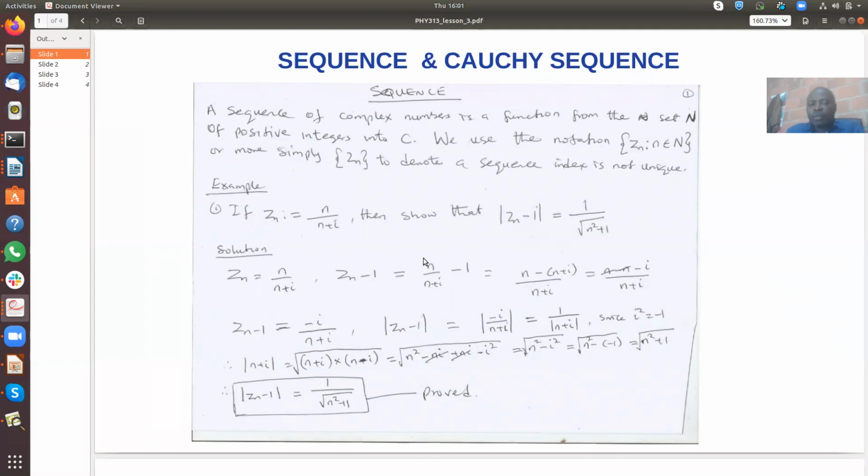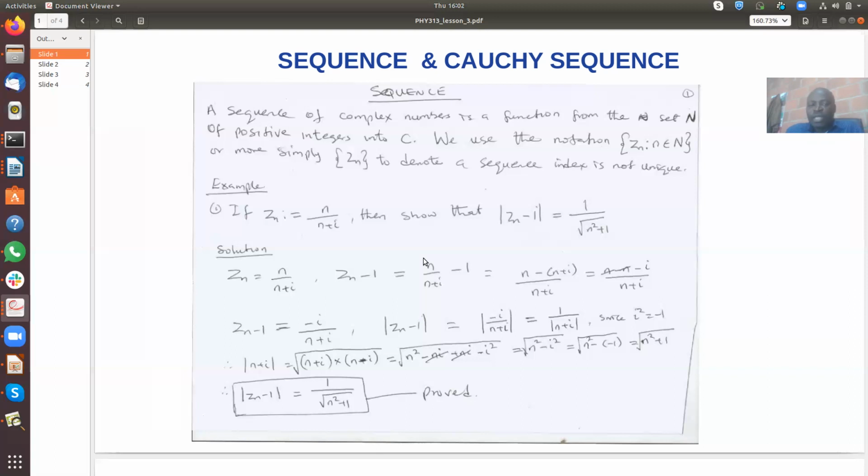A sequence of complex numbers is a function from the set N of positive integers into C. We use the notation Zn such that n is an element of N, or more simply, curly bracket Zn, to denote a sequence; the index is not unique.